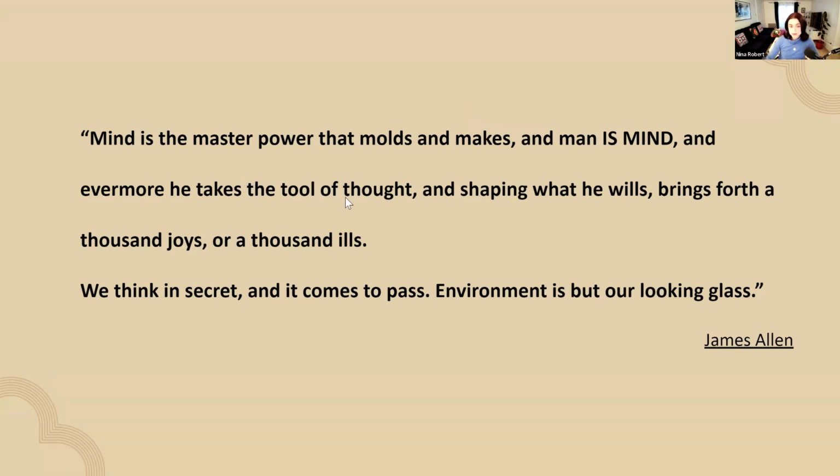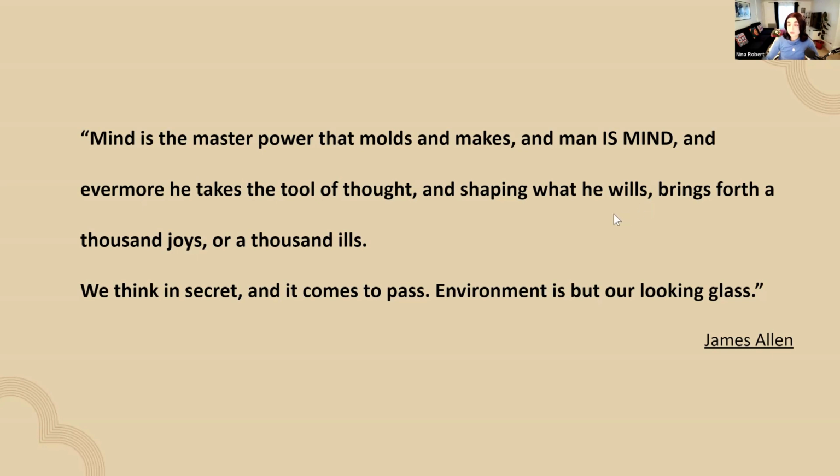And evermore we take the tool of thought and shaping what we will, it brings forth a thousand joys or a thousand ills. That means that we decide what our results are, and we decide what kind of outcome our life would take. Because the thing that we think about the most, what we said yesterday, we become what we think about all day long. So if we think about limits, about fear, about negativity, this is what we are going to manifest, because this is what we are going to put our mind to work on.